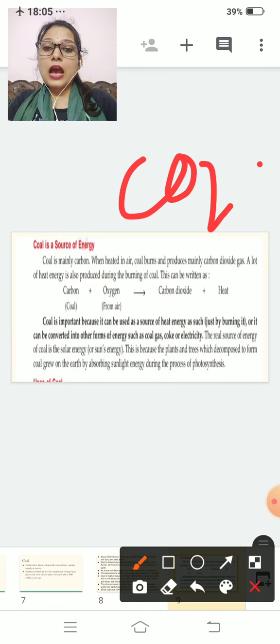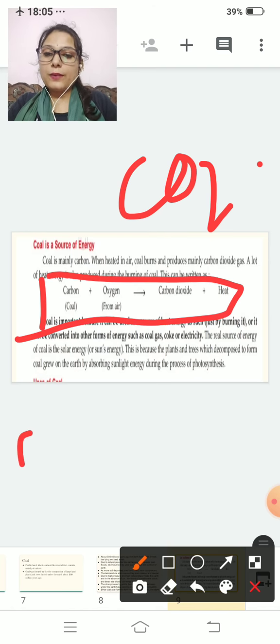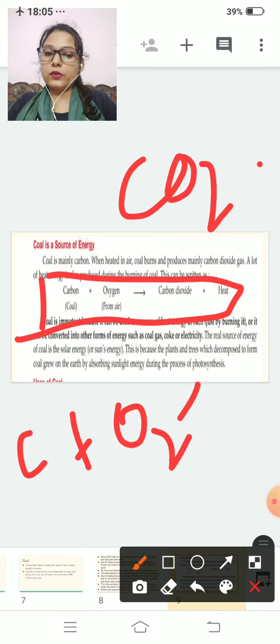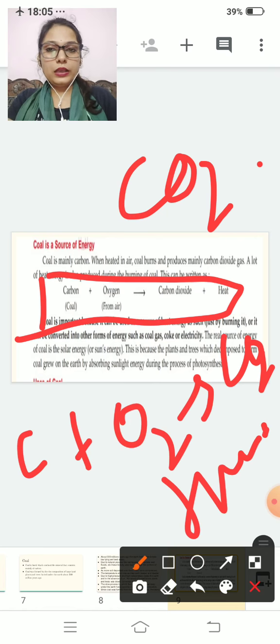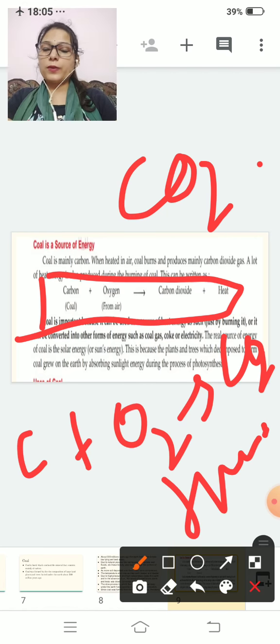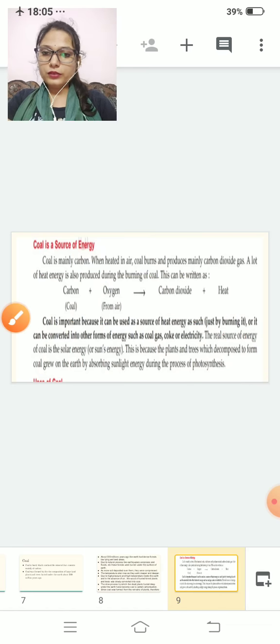Clear? A lot of heat energy is produced during the burning of coal, and this is the reaction: when carbon reacts with oxygen, it gives you CO2 plus heat. Clear? Why does it form carbon dioxide? Because it is made up of carbon. Clear?